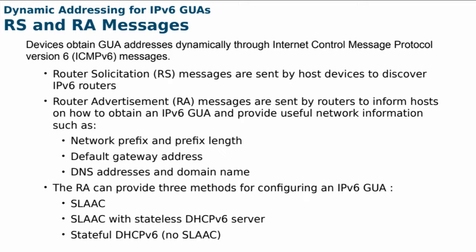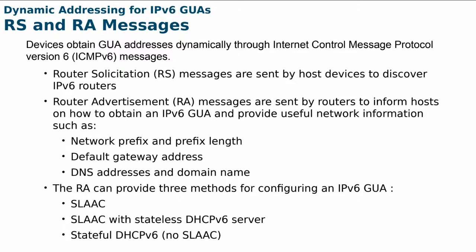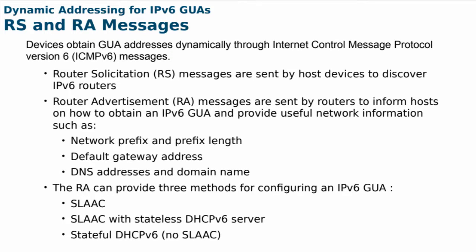We have two types of messages. RS, which is router solicitation. They are sent by the host devices to discover IPv6 routers. They want to know where the IPv6 routers are. The host sends this message because they want to know where the routers are here. Okay, who's the boss?